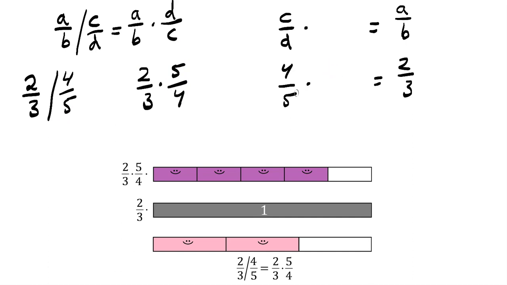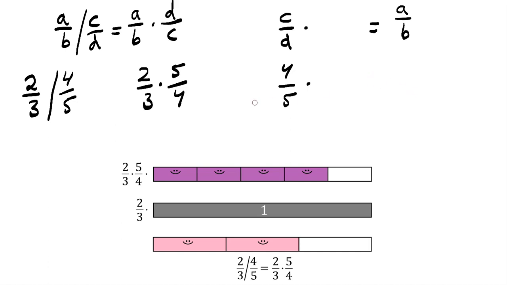So let us try here if this works. That means if I put that number here, do I get 2/3? If I multiply 4/5 with this, do I get 2/3? If that is the case, then I have found that this is equal to this. Okay, so let us try.